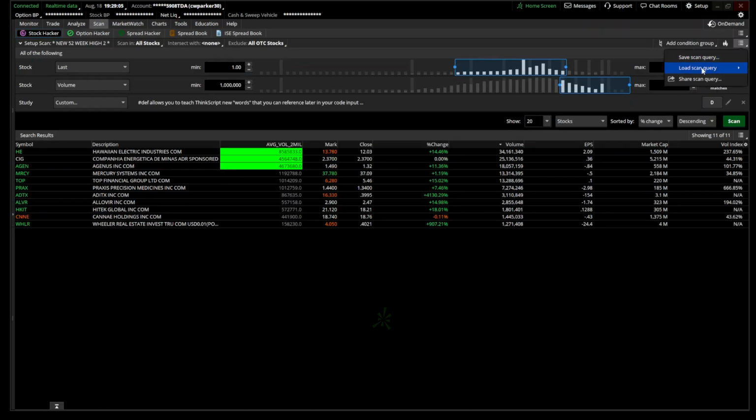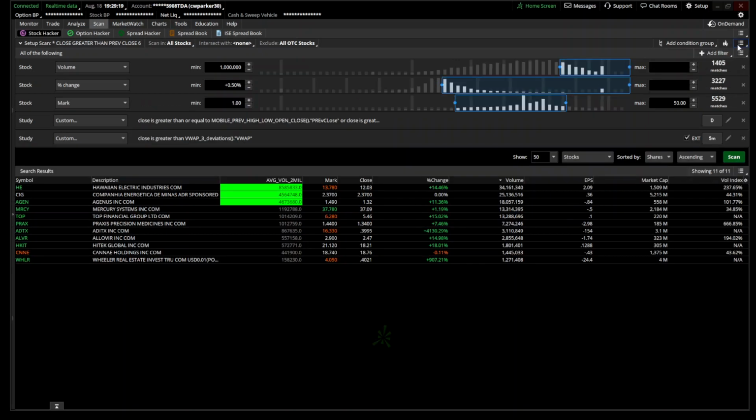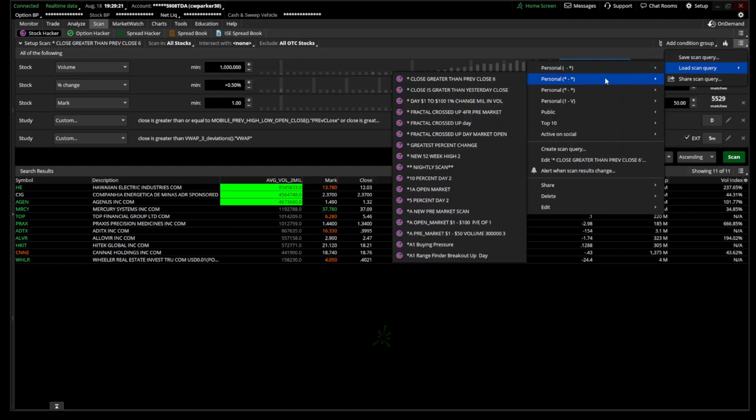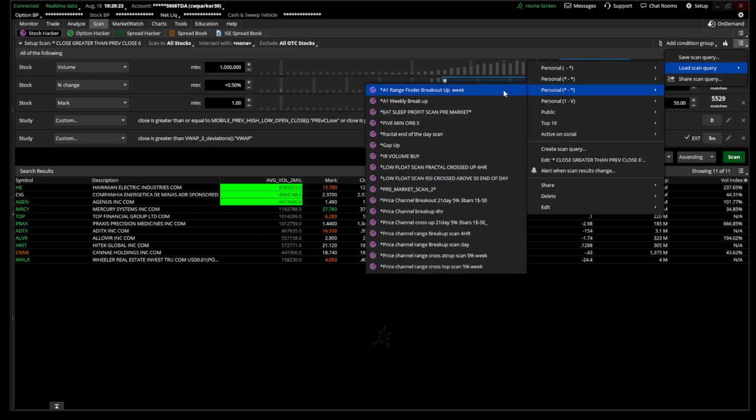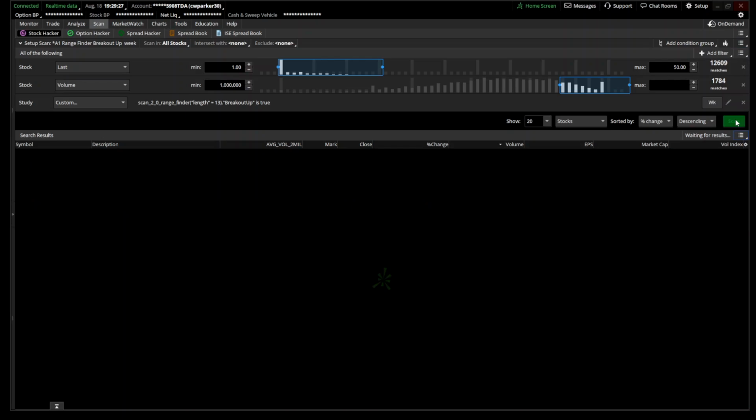So let's pull up our scan for where's the range breakup. I really don't want to look at the range breakup for the day. I want to look at the range breakup for the week. So what broke above this range this week?